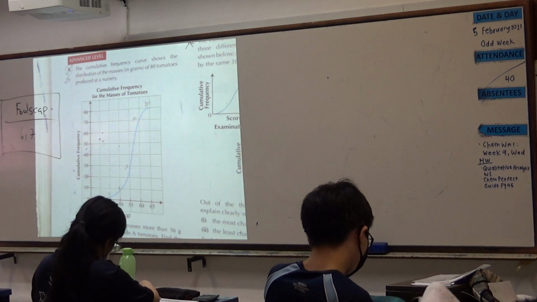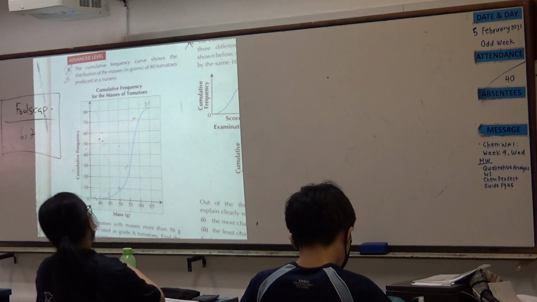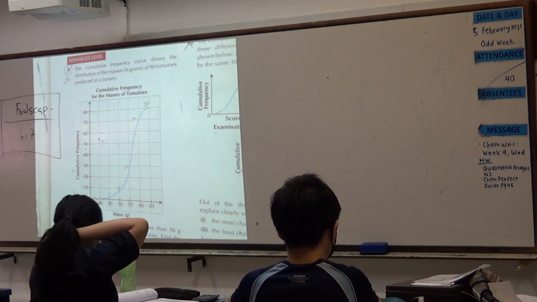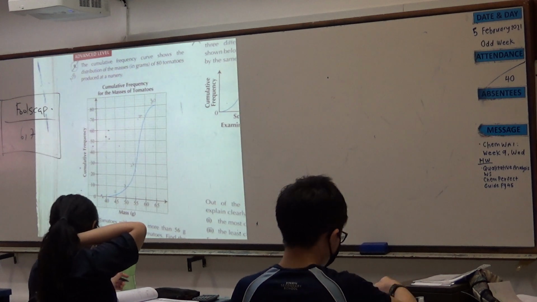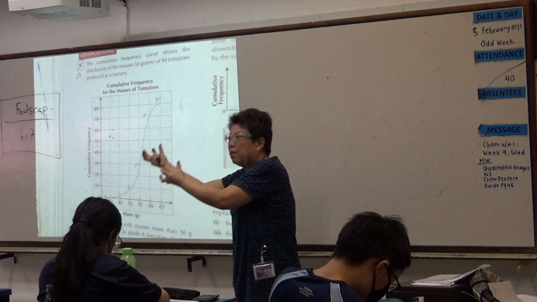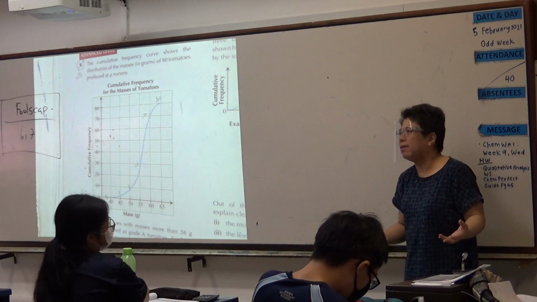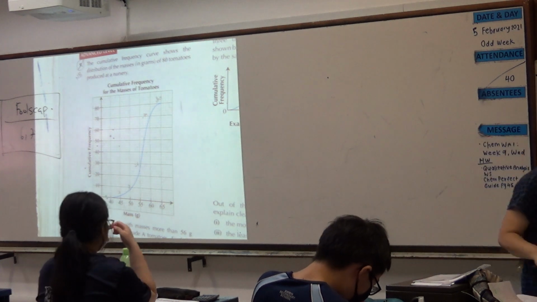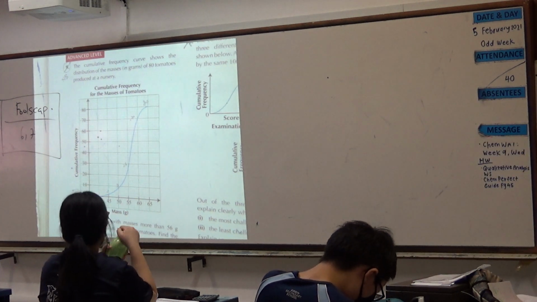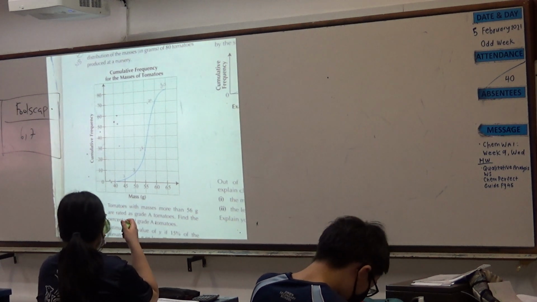The cumulative frequency curve shows the distribution of masses in grams of 80 tomatoes produced in a nursery. Understand? 80 tomatoes produced in a certain nursery. They call it nursery, I don't know why. Maybe you call it kindergarten, whatever you want. That means at a certain plantation. Now, this is the curve given to you, right?